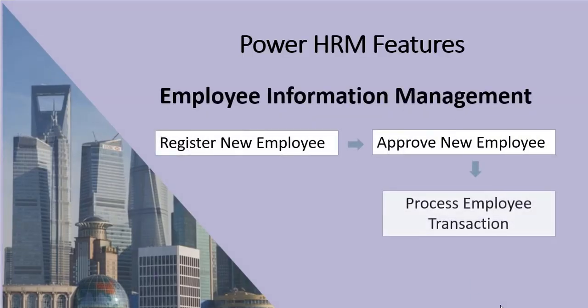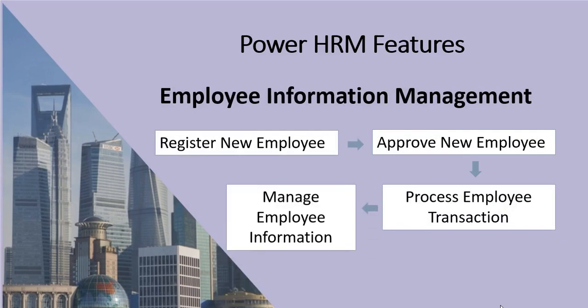When I talk about employee information management, the process flow as indicated here is telling us that when the company gets a new employee, that new employee information will be registered on the Power HRM module. All the relevant information concerning that employee will be registered, after which the information will be reviewed and approved.